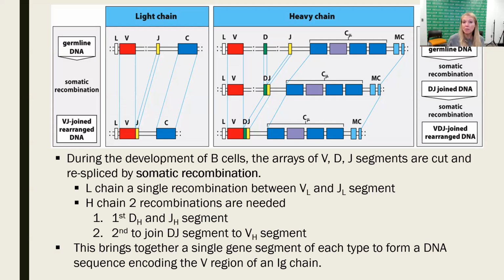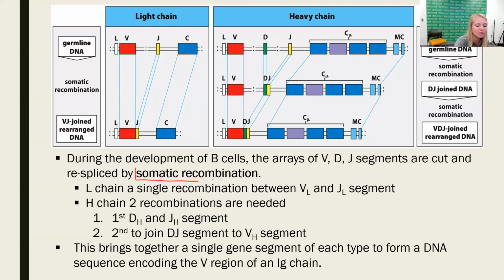This form of genetic rearrangement, because it's so different from any other process, has its own name, and it's called somatic recombination. So when those V and D and J segments are moved around and put together, that's called somatic recombination, and there's special enzymes that are involved in that process.